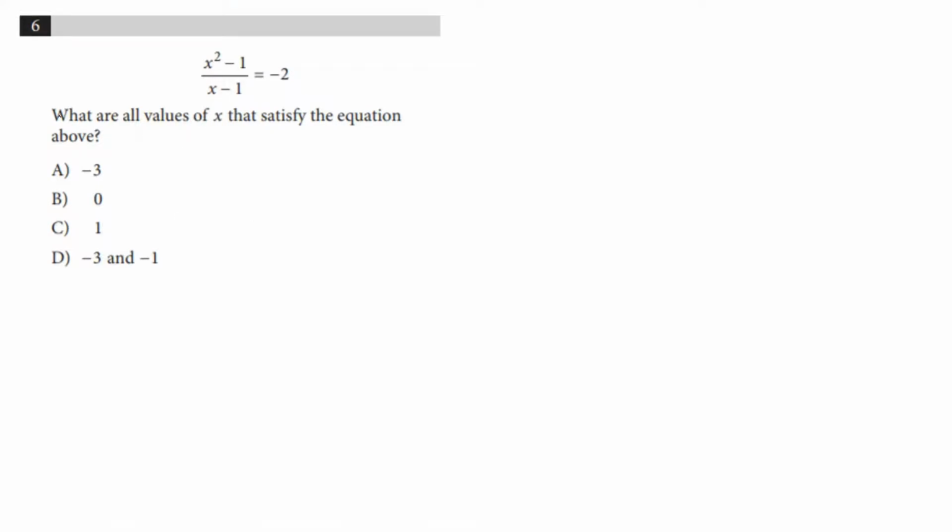Okay, so what are all the values of x that satisfy the equation above? And the equation is x squared minus 1 over x minus 1 is equal to -2. Okay, so you could multiply each side by x minus 1 and solve it like that. However, there's a more neat trick you can do.